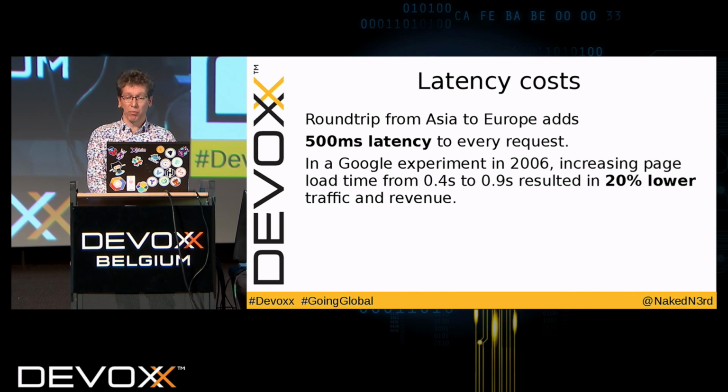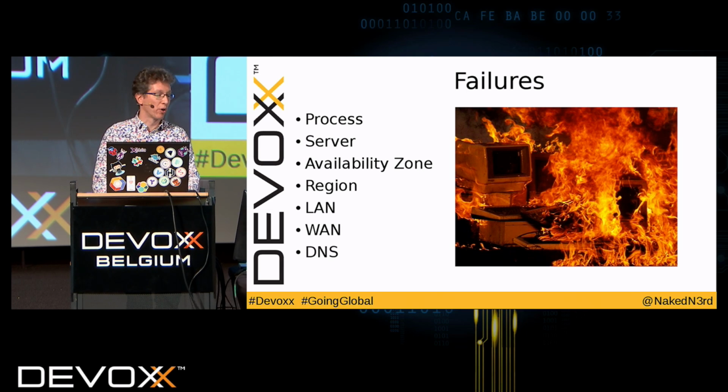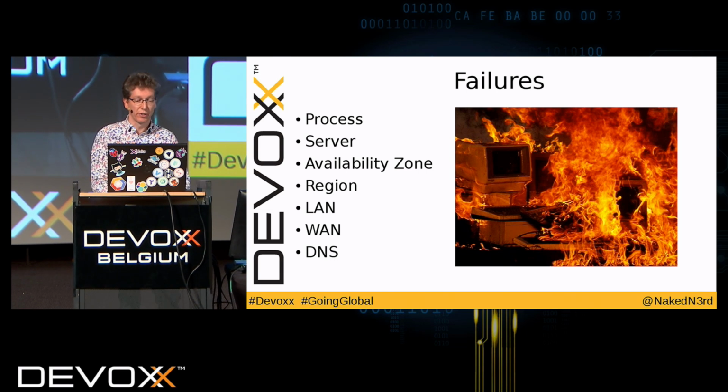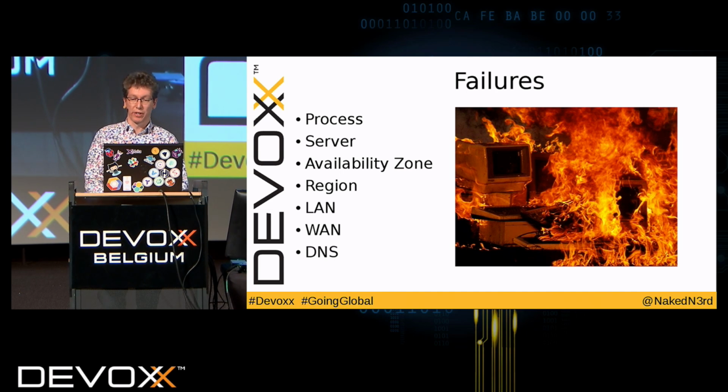The other thing we're focusing on is failures, because even if you're serving slower, it might not be that bad, but if your local data center is down, or first of all the process, the server, availability zone, or even the whole region, then your users cannot reach your site.